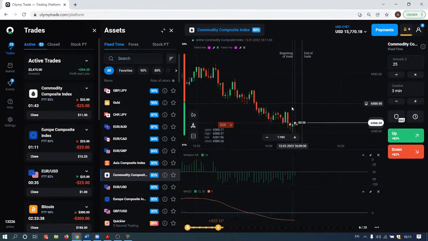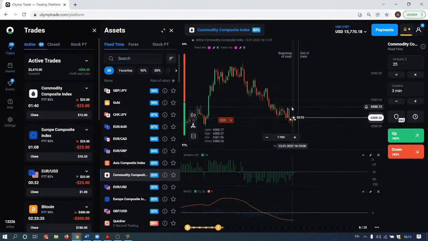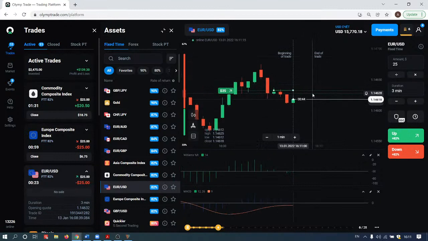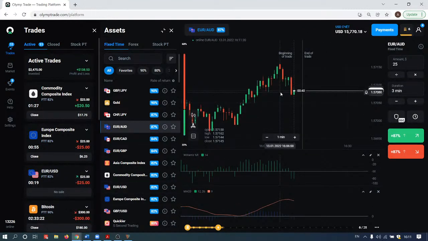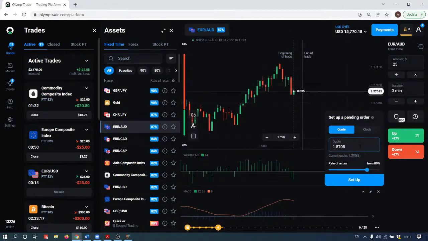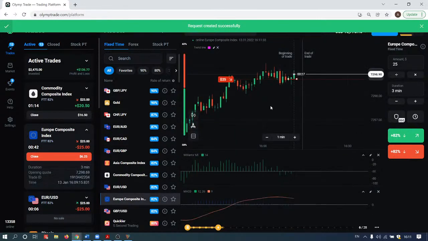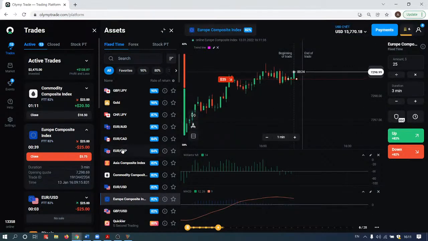You don't have to wait for just one signal, one trade. With such trading strategies, you can normally open quite a big number of trades, more trades than with these one setup, one trade kind of strategies.